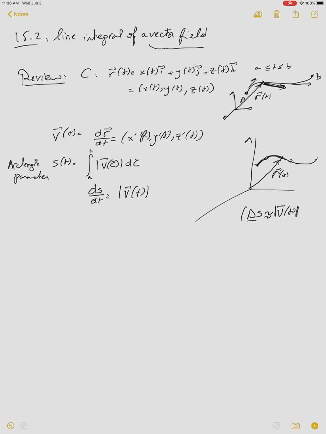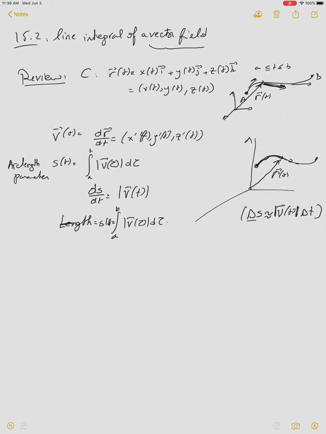So length is equal to speed times time. This is what this is saying. And then for the length, it is the integral from a to b of the absolute value of v of tau d tau, that is from the initial point till the last point.